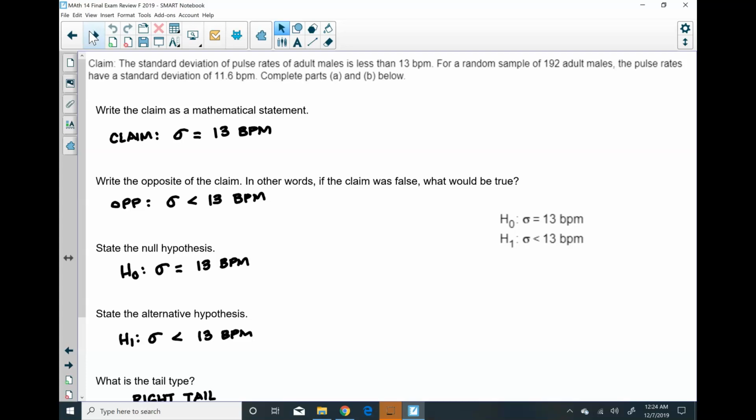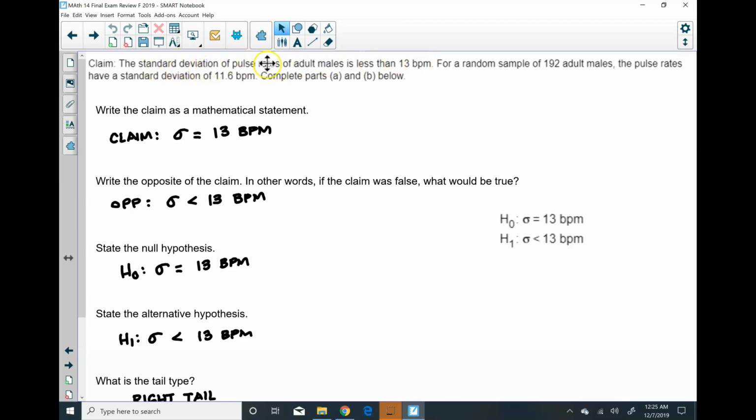Next question. The claim states that the standard deviation of pulse rates of adult males is less than 13 beats per minute. For a random sample of 192 adult males, the pulse rates have a standard deviation of 11.6 beats per minute. Again, complete these parts. The first sentence is the claim, so that's the value you're looking for.